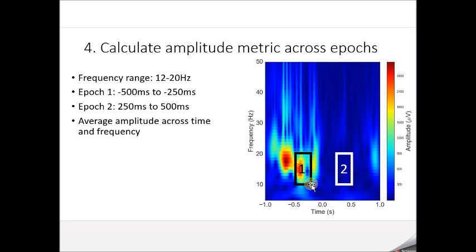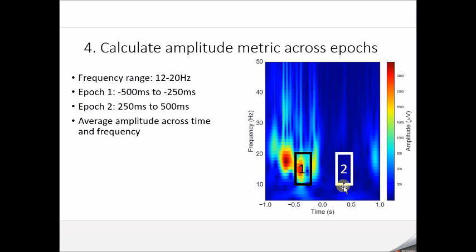So we could take this matrix of amplitudes for a chunk of time and a chunk of frequency and average all of those in order to get a single value for the beta amplitude prior to a stimulus.